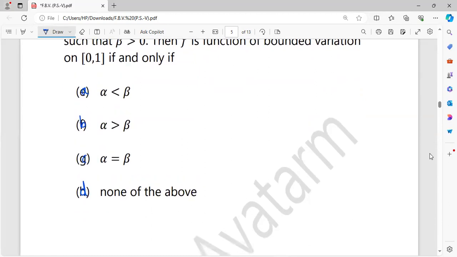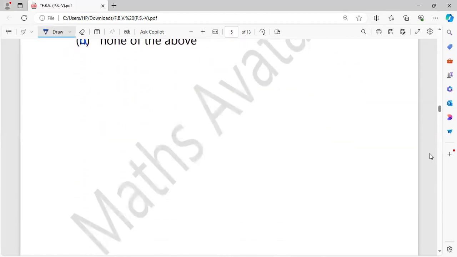Let's check it. Suppose I am taking alpha greater than beta, but beta is already greater than 0, so this is going to be okay.